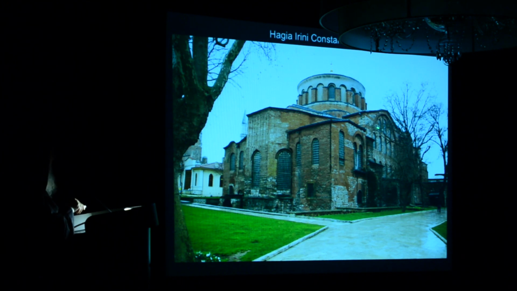Now, what do we have here in this development? The dome is not simply a half sphere sitting as it is with Hagia Sophia. You have a drum-shaped elevation, like a cylinder, on top of which is a curved surface depending on the kind of church and the local architect.